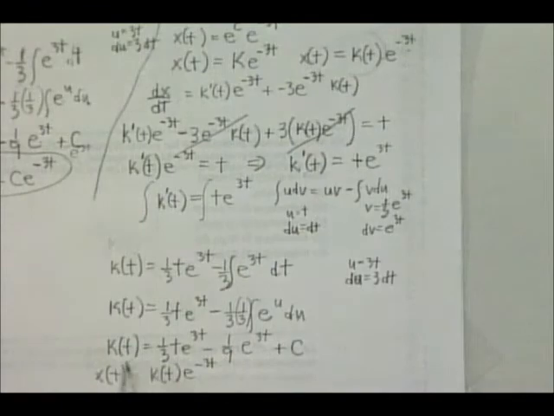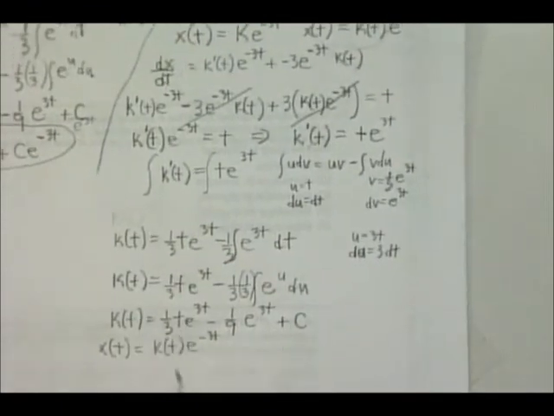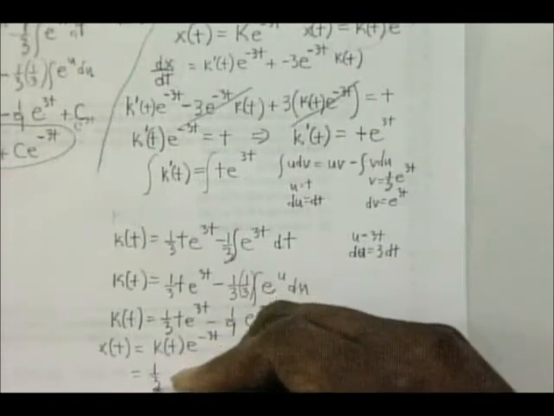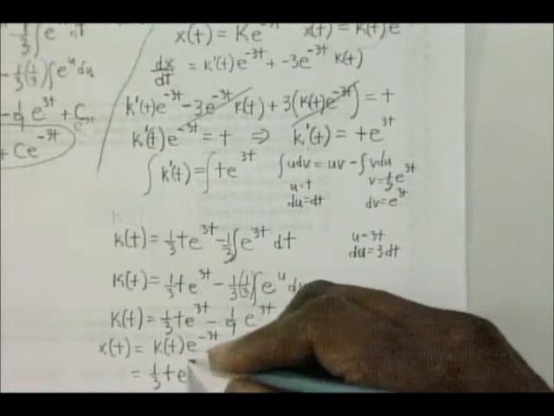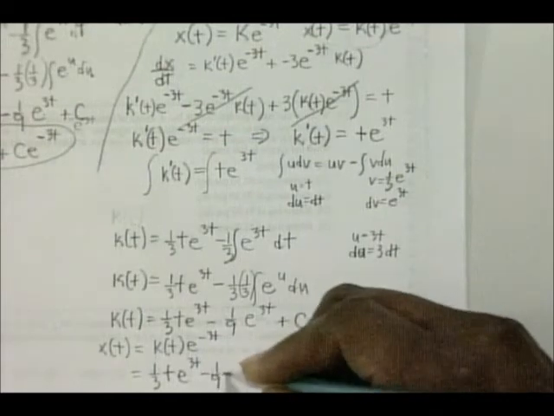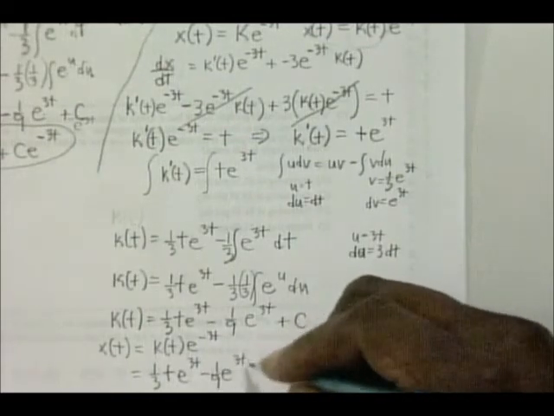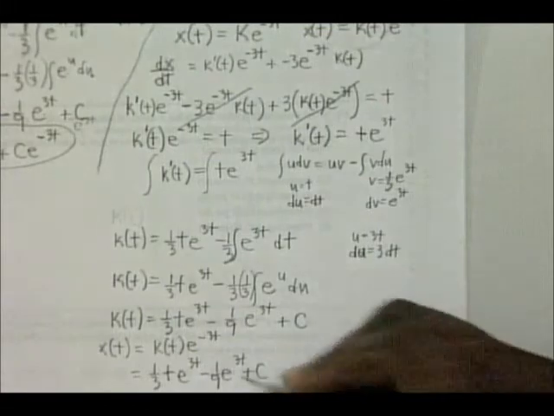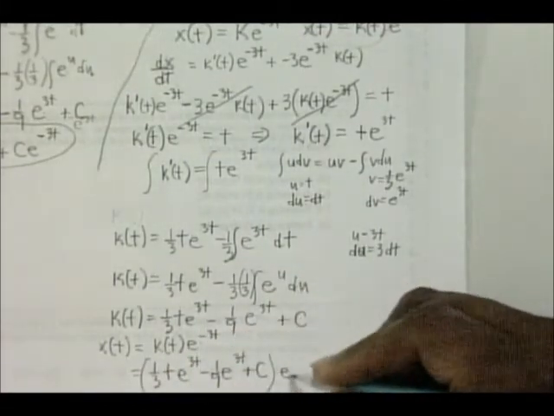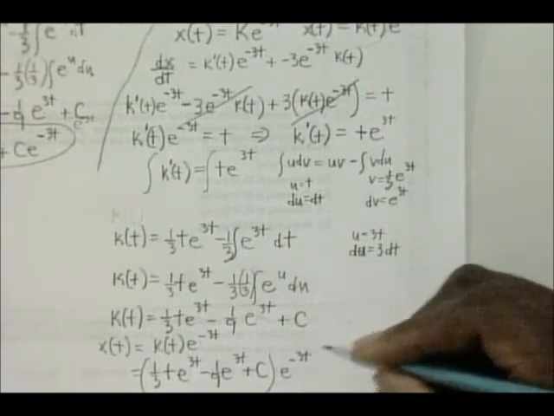We just figured out k sub t. So we end up with 1/3 t e to the 3t minus 1/9 e to the 3t plus c. That's k sub t, and we need to multiply that by e to the negative 3t.